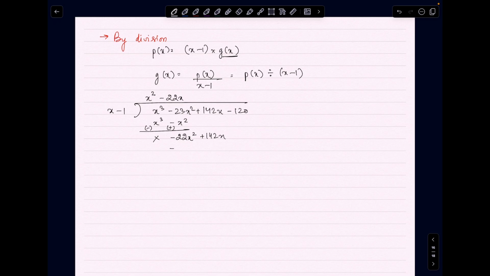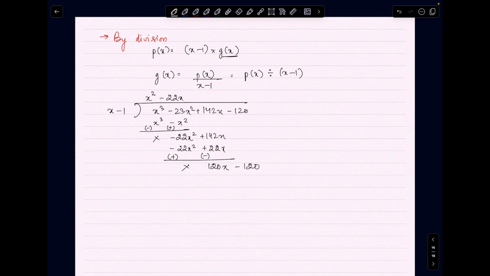Minus 22x into x is minus 22x square, and minus 22x into minus 1 is plus 22x. I have to subtract it. This minus will become plus, this plus will become minus. Minus 22x square plus 22x square is 0. And 142x minus 22x is 120x. Got my point? 120x, carry over 120.